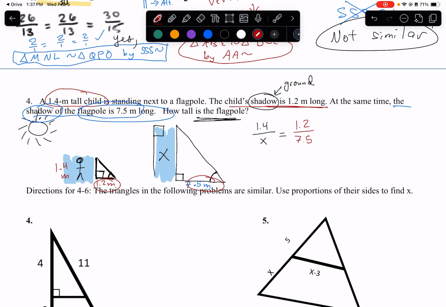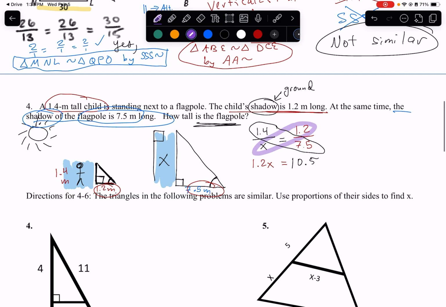All I need to do is cross multiply. 1.2 times x is 1.2x, equals 1.4 times 7.5. So 1.4 times 7.5 is 10.5.